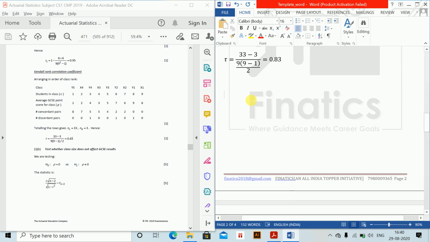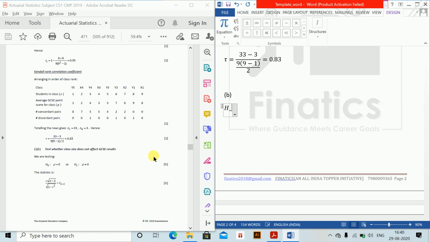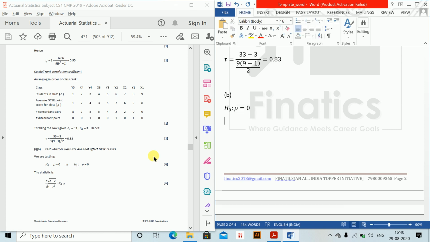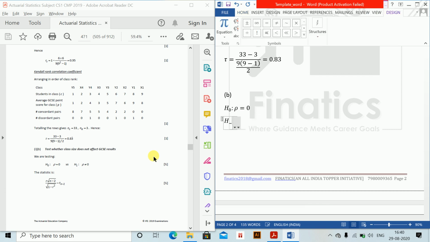Testing part B: test whether the class size does not affect GC. So we are testing H0: rho = 0 versus H1: rho ≠ 0.